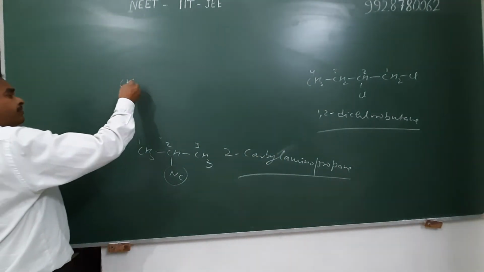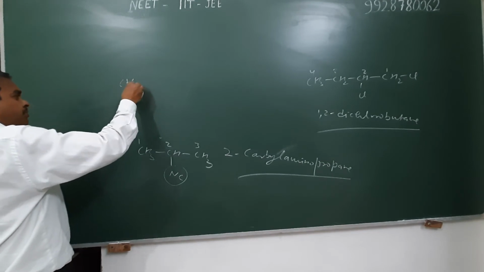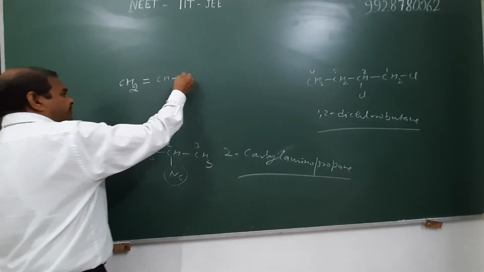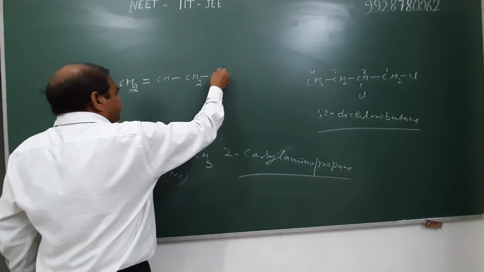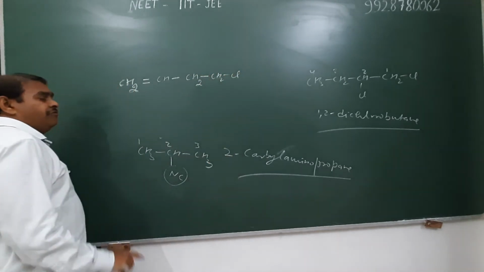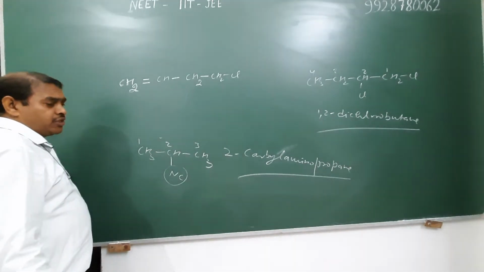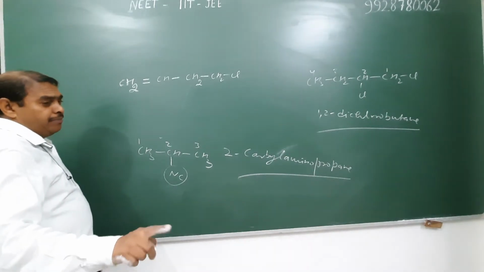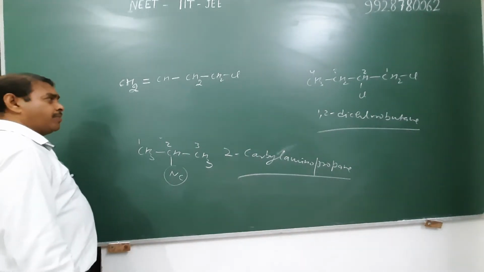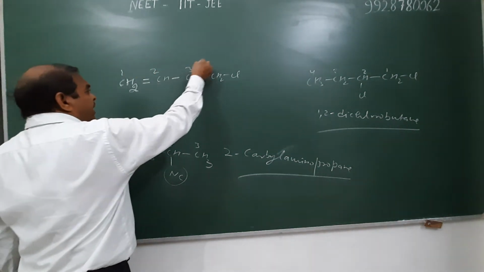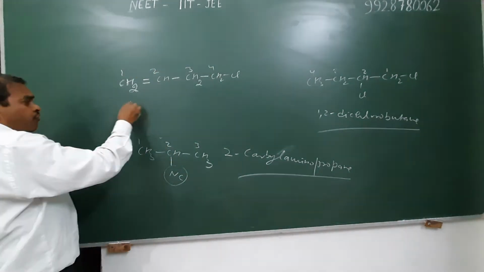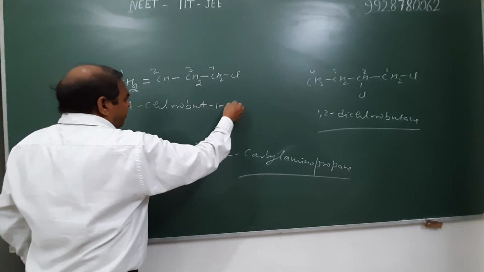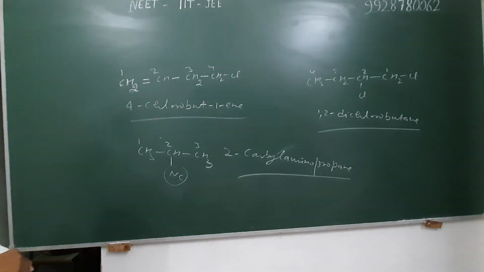Similarly, we use unsaturation. For example, write the IUPAC name of this compound. First, we select the longest chain in which the unsaturation, whether double or triple, bonded carbons must be included, and give minimum number to the double bond or triple bond. And as numbers 1, 2, 3, and 4, therefore its name is 4-chlorobut-1-ene, or we can say 4-chloro-1-butene.